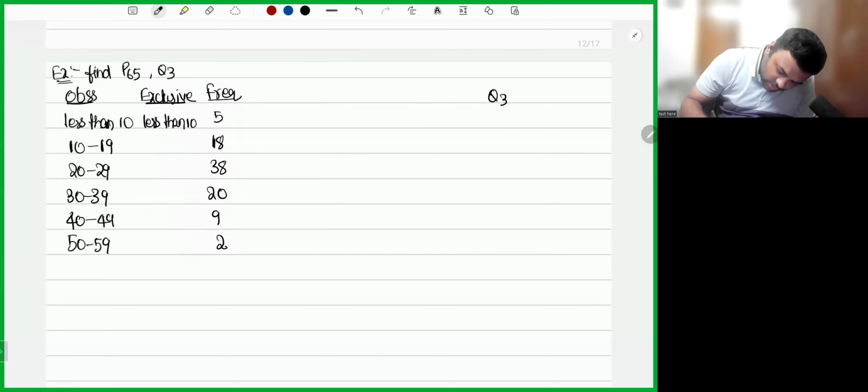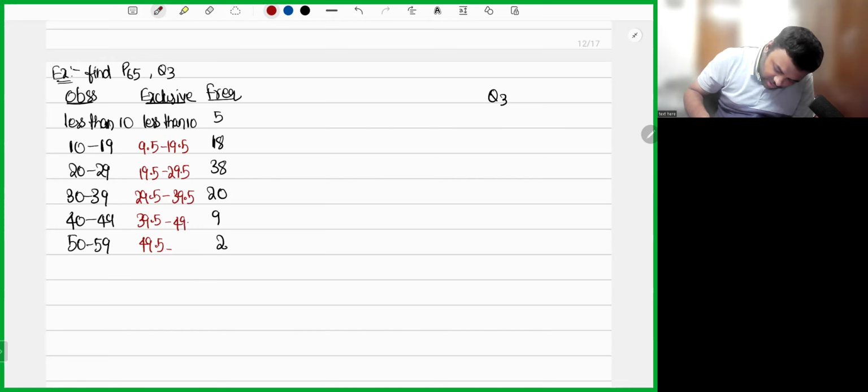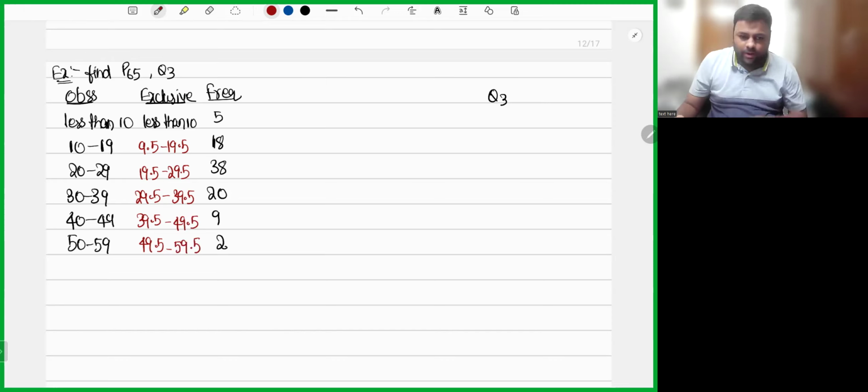For all the lower values, I'll reduce 0.5: 9.5, 19.5, 29.5, 39.5, 49.5. For all the higher values, I'll add 0.5: 19.5, 29.5, 39.5, 49.5, 59.5. Game over. Now, first I need to calculate quartile 3.